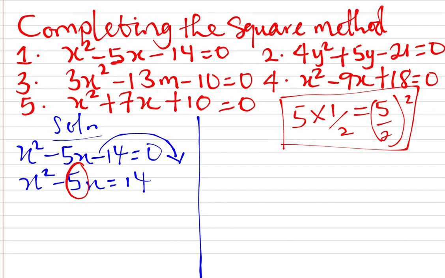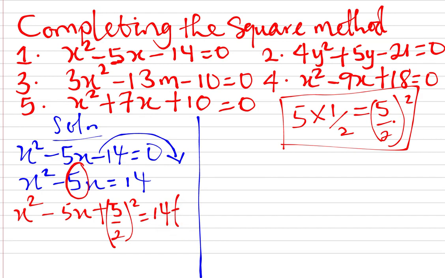So that means our equation will now become x squared minus 5x plus 5 over 2 all squared equals to 14 plus, what is it again? 5 over 2 all squared.